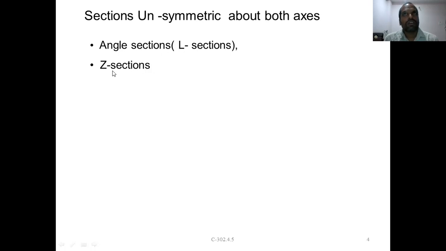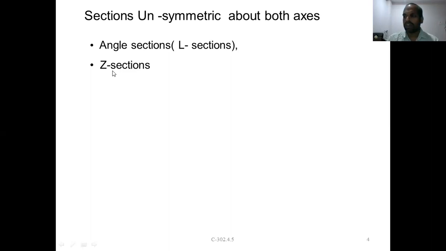In that case, to calculate the centroids, again take the reference axis either from the bottom, top, or leftmost side, so that everything falls in the first quadrant and all the x and y values are positive, right? Like that we divided the section and calculated centroids.